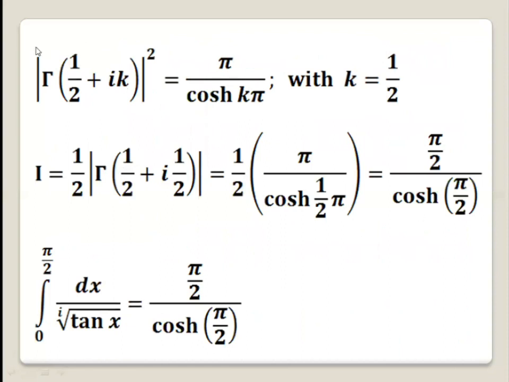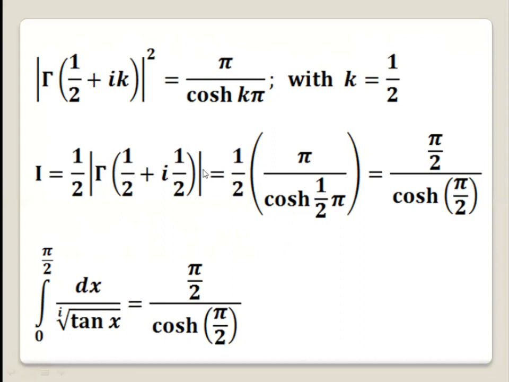Recall that we have this formula: the modulus of gamma of (half plus ik) all squared equals pi over hyperbolic cosine of k pi, with k equals 1 over 2.